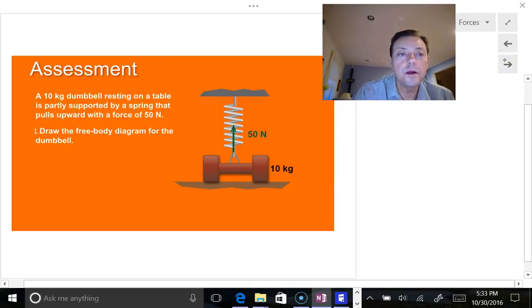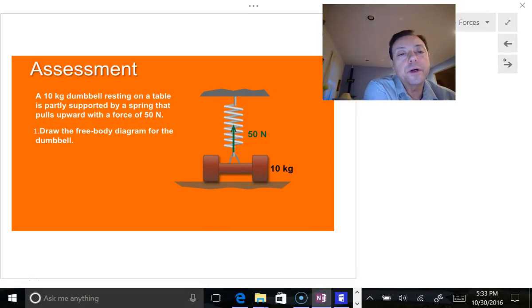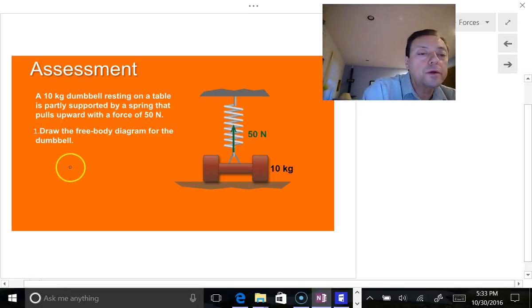Okay. And a 10 kilogram dumbbell resting on a table is partly supported by a spring that pulls upward with a force of 50 newtons. Draw the free body diagram for the dumbbell. Well, let's see if we can do that.